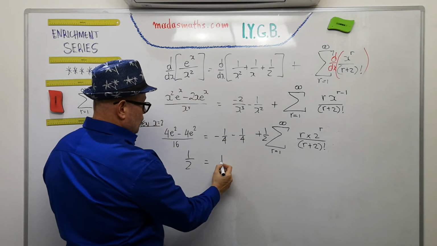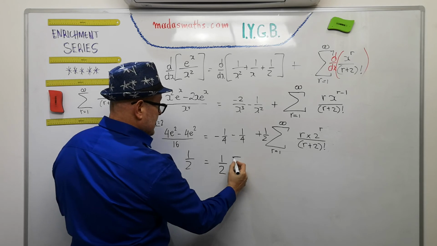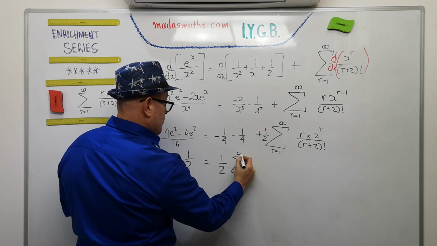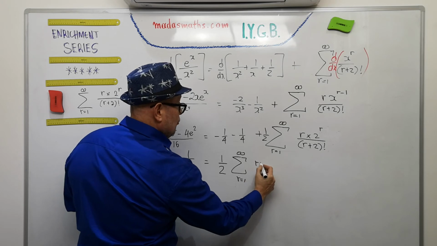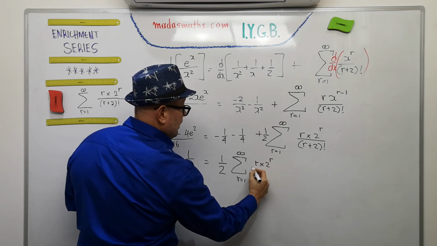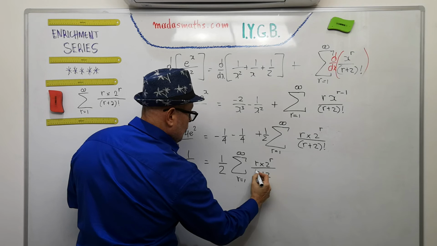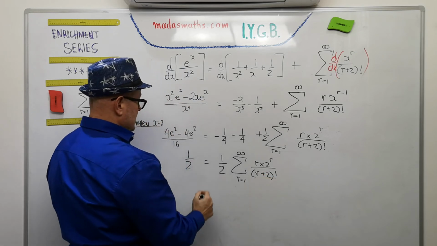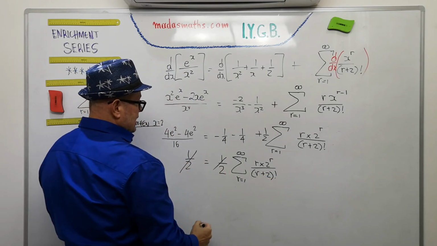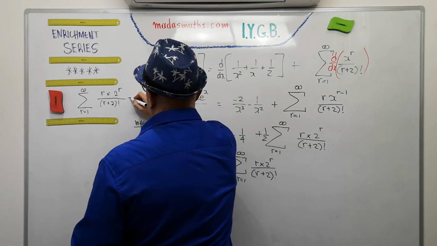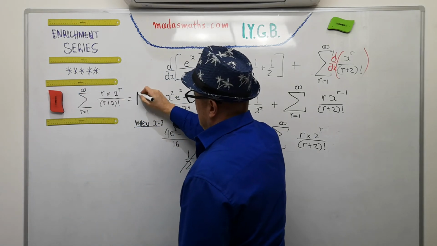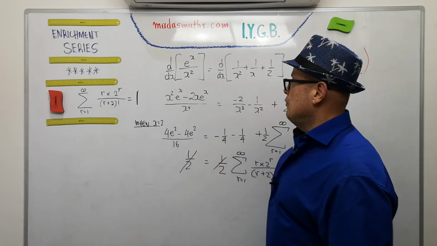So that's actually equal to a half sigma from r equals 1. And of course, we have our answer now on the next line, and we managed to do this particular sum to infinity. Halves will cancel on both sides, and therefore this particular quantity is equal to exactly 1. Half divided by half is of course 1.